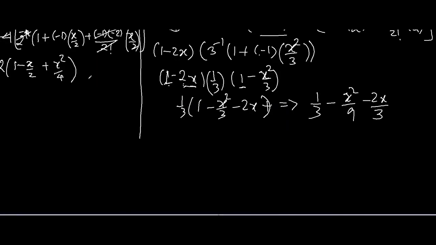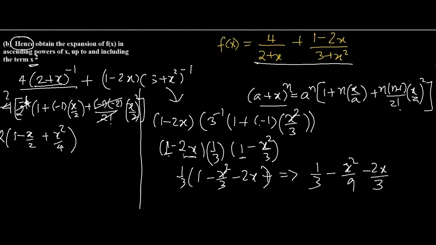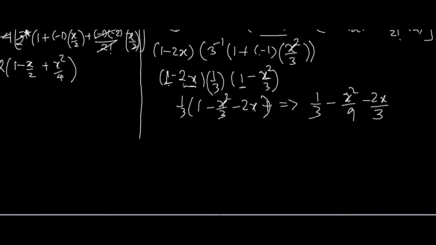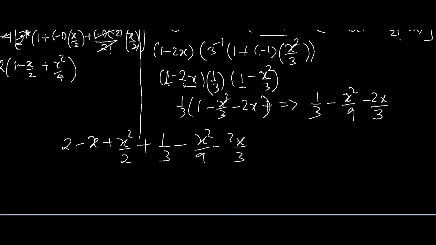Because there's a plus in between, we can add the two parts now. So expand this: 2 minus 2x over 2 will be just minus x, and 2x squared over 4 will be x squared over 2. And then we have 1/3 minus x squared over 9 minus 2x over 3.